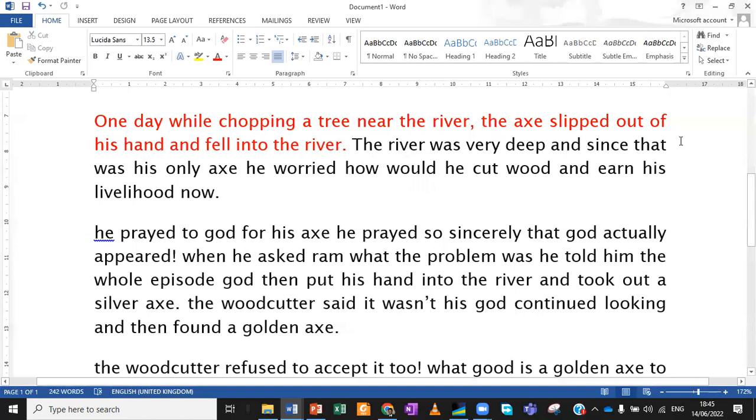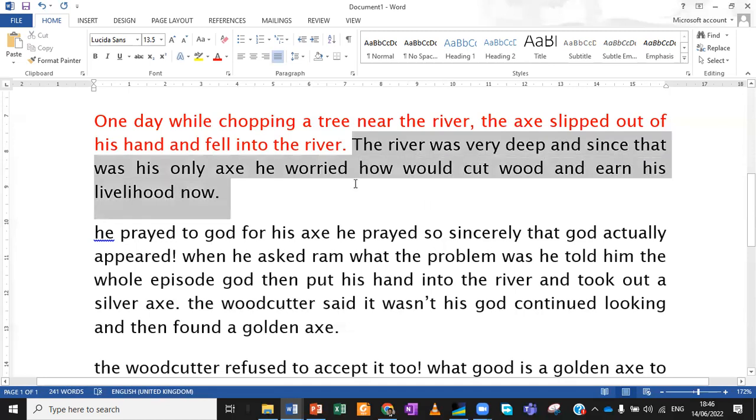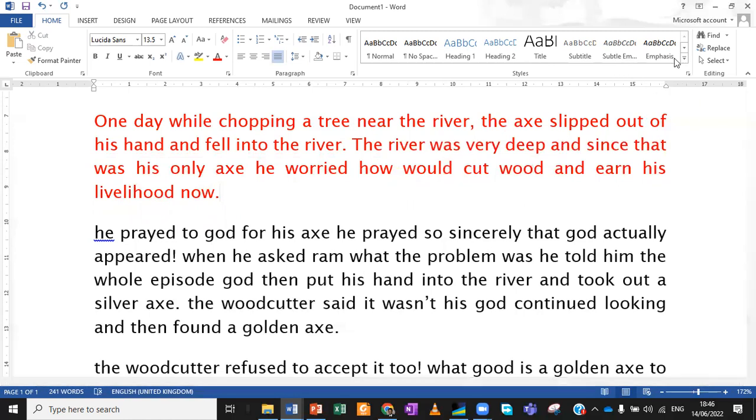The river was very deep, and since that was his only axe, he worried how he would cut and earn his livelihood now. You see, it makes sense, right? But if you don't use these punctuation marks very well, you're going to confuse the reader.